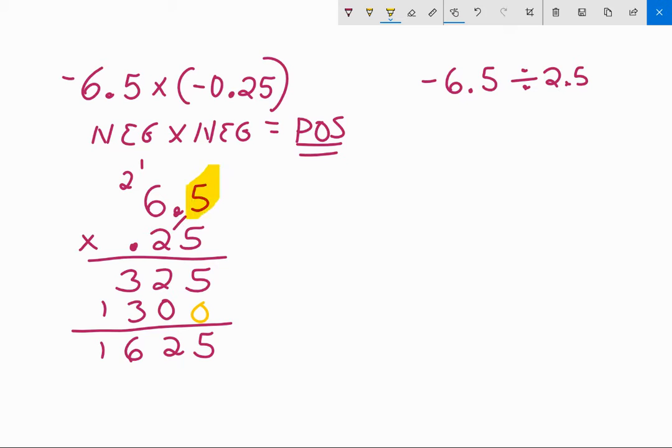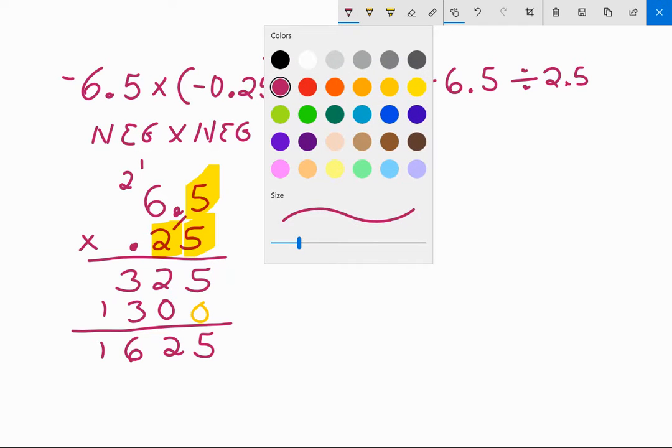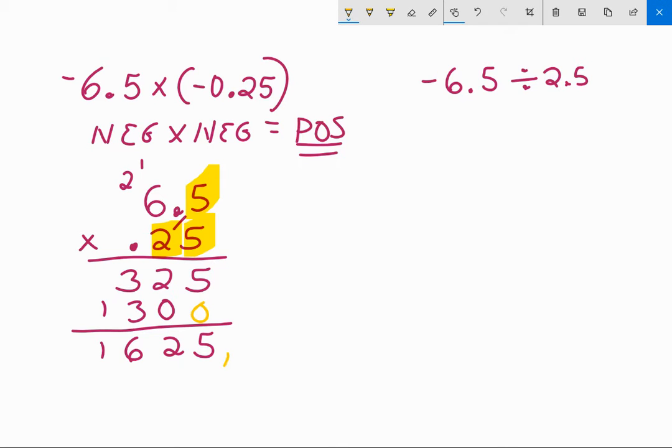Altogether, there are 3 digits that follow the decimal point in my problem, so I need to make sure there are 3 digits that follow the decimal point in my answer. So I put my decimal point after the 1. It's 1.625.